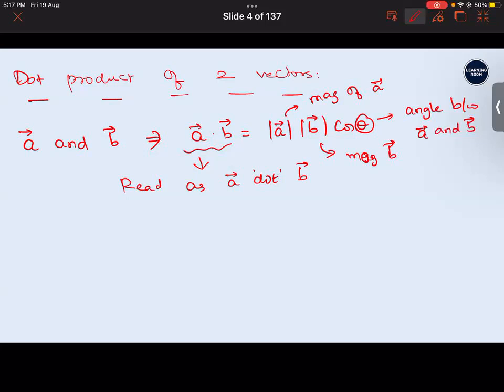Is that clear? So this is the definition of the dot product of two vectors.